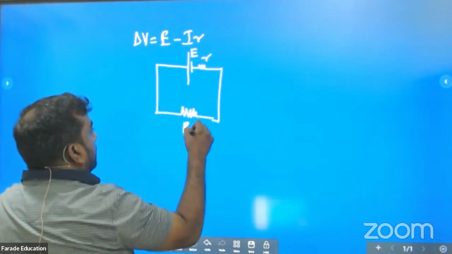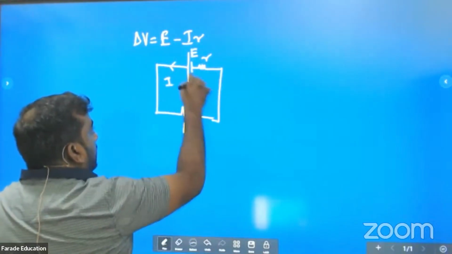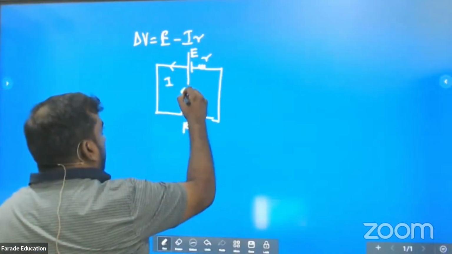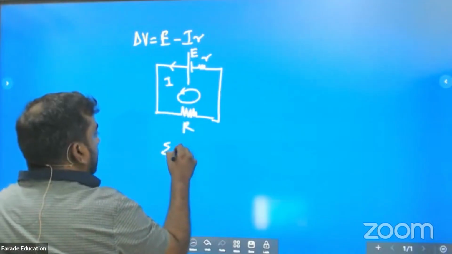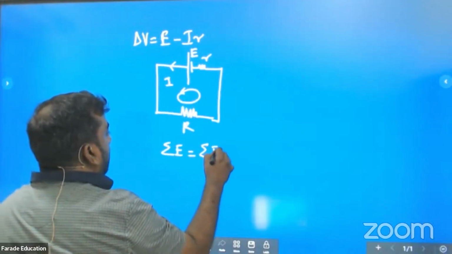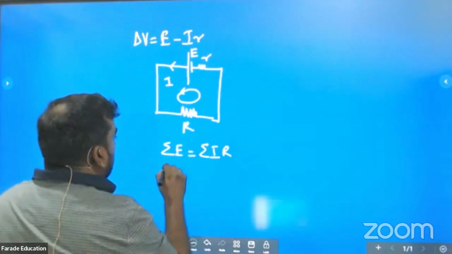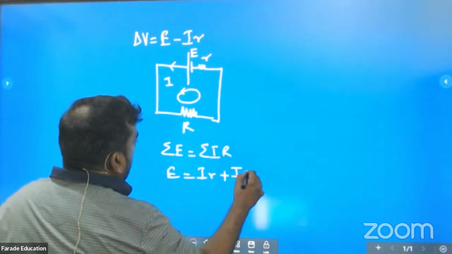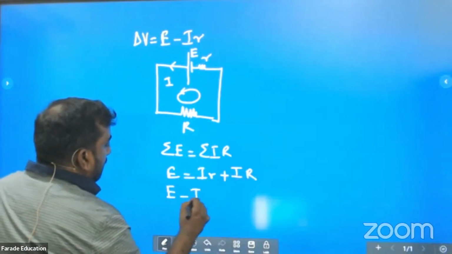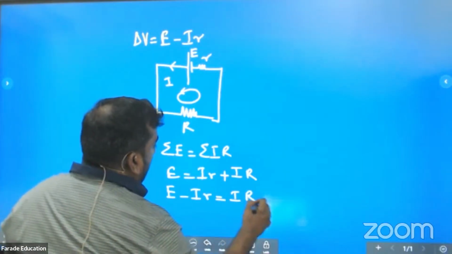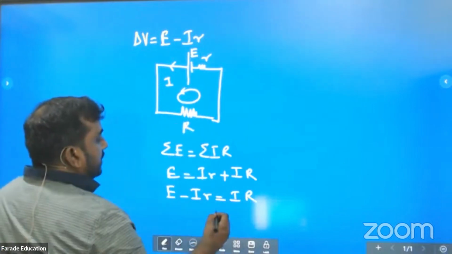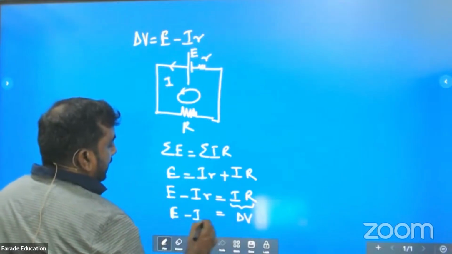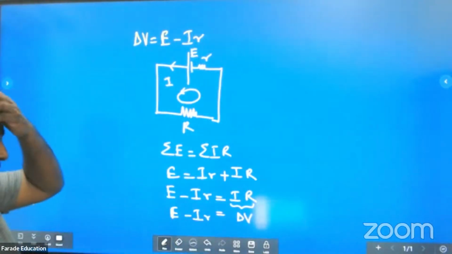There is going to be current in this circuit. If you apply Kirchhoff's loop law, sum of EMF equals sum of potential differences. E is equal to I r plus I R. Voltage across the load resistor is your terminal potential difference, E minus Ir.